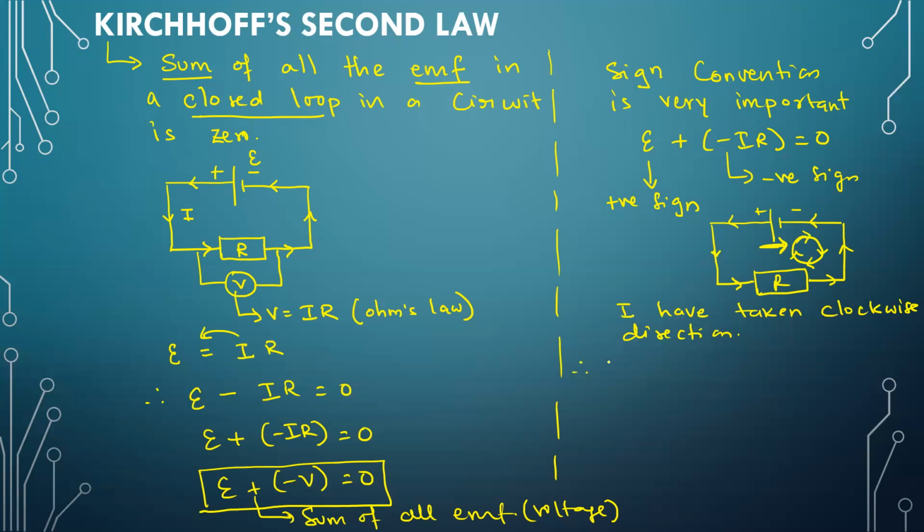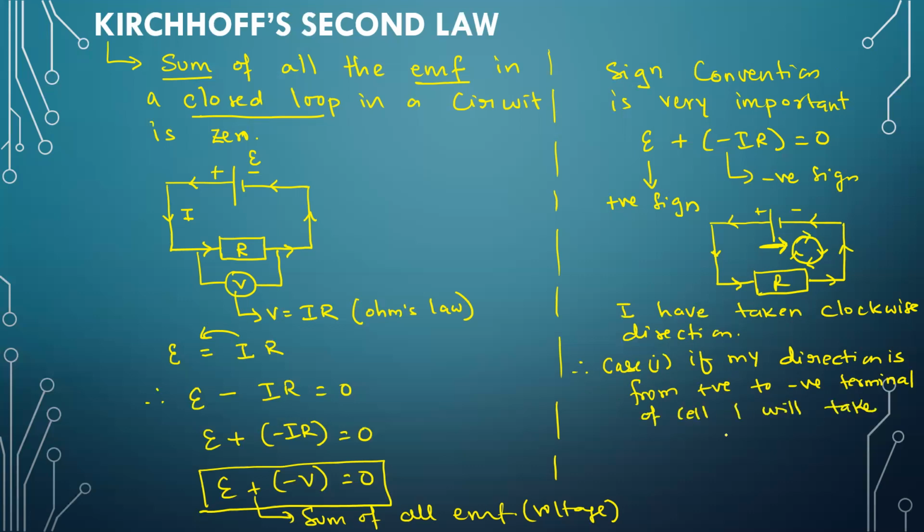So, case 1: if my direction is from positive to negative terminal of the cell, I will take plus E, plus EMF. And if it is vice versa, then I will do the other one.